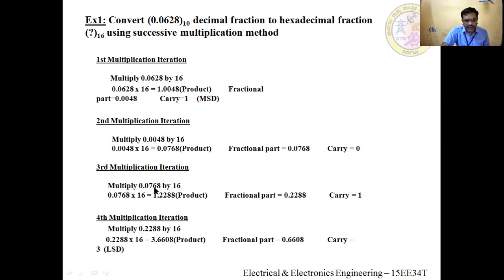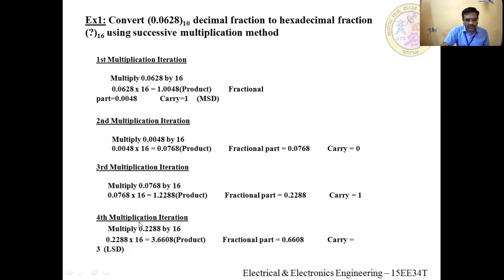So 0.0768 is the fractional part of the second multiplication iteration. Again multiply by 16. You will get the product 1.2288. Here the fractional part will be 0.2288 and the carry part will be 1.